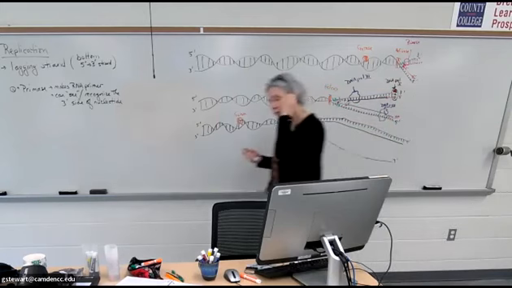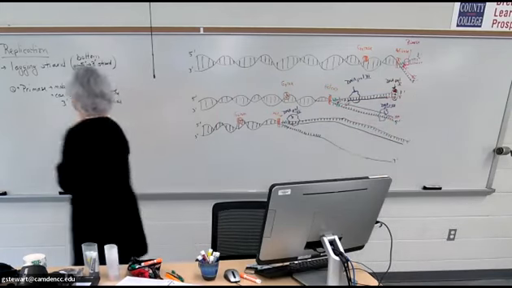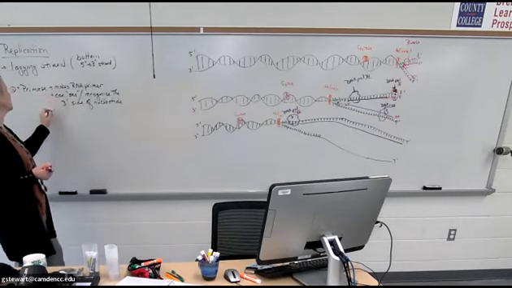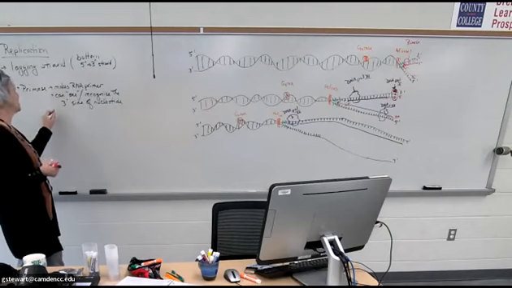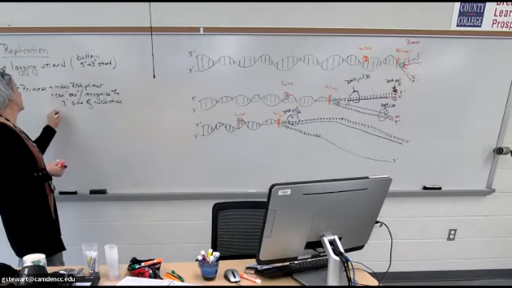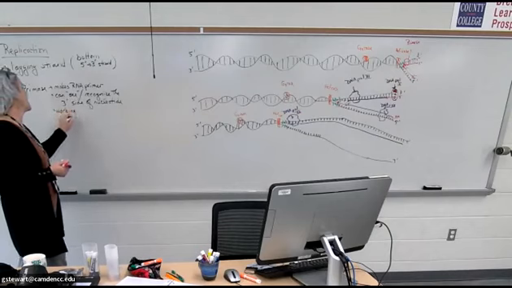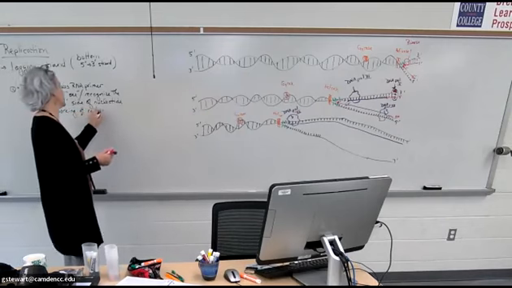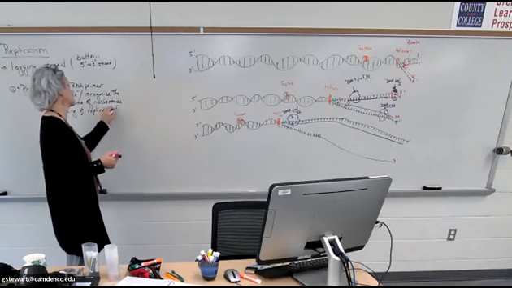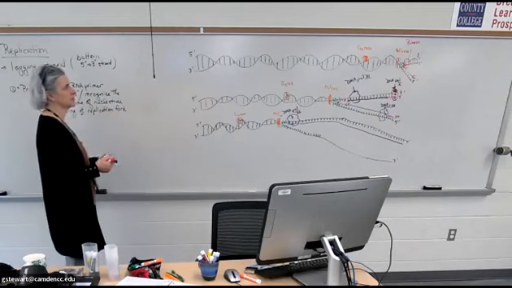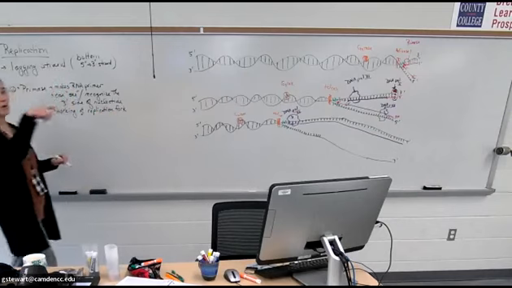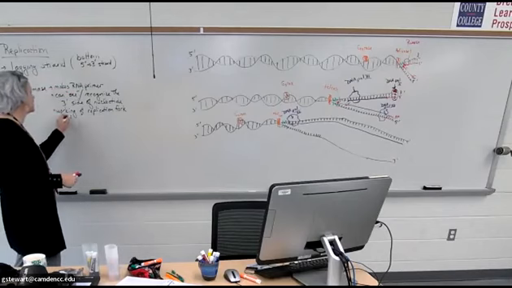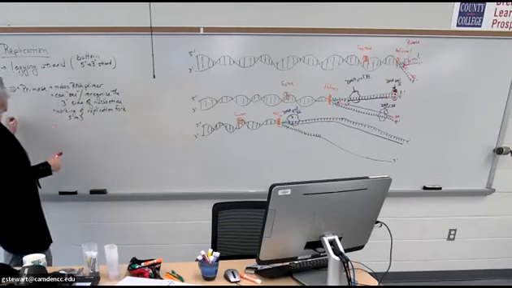So let's write some words to go with it. Primase makes RNA, it can recognize the 3' side of a nucleotide, and on the lagging strand, it is going to be working at the replication fork. I think of it as out or away from the replication fork. So it's going to make a primer, 5' to 3', short.